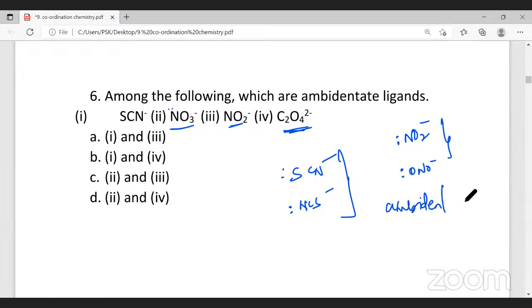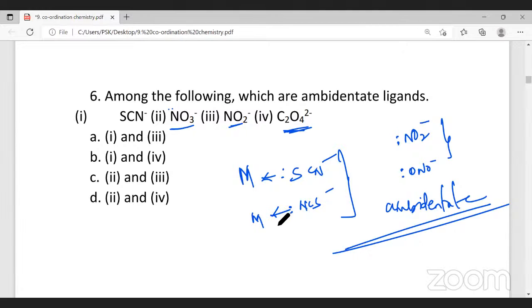What do you mean by an ambidentate ligand? Ligands which have more than one type of donor atom, or ligands which can get bonded to the central metal atom in more than one way, are called ambidentate ligands. Here it can get bonded through sulfur. Here the metal can get bonded through nitrogen. Here the metal can get bonded through nitrogen, or here the metal can get bonded through oxygen.